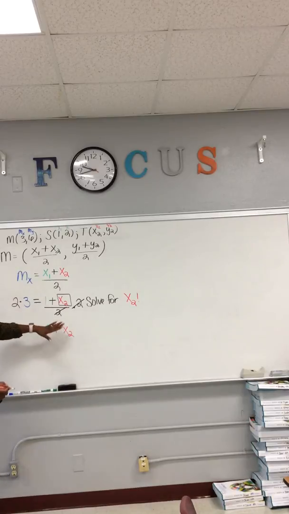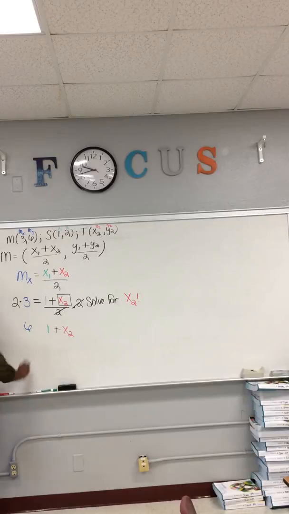But we can't forget about the left side. We still have that 2 times 3. Well, 2 times 3 is 6, and that's going to be equal to 1 plus x2.